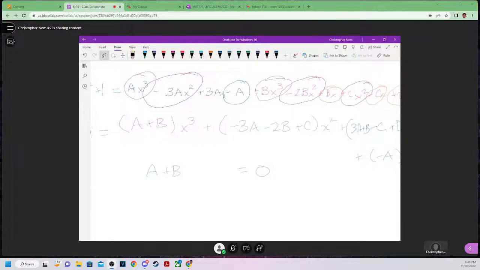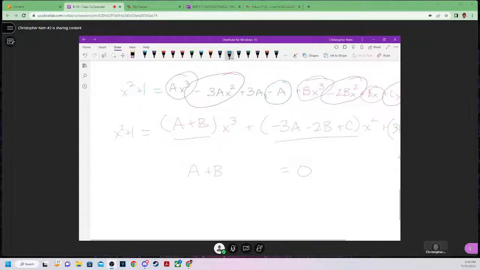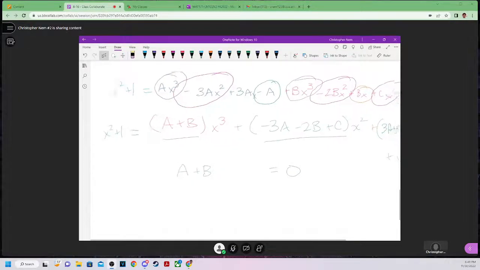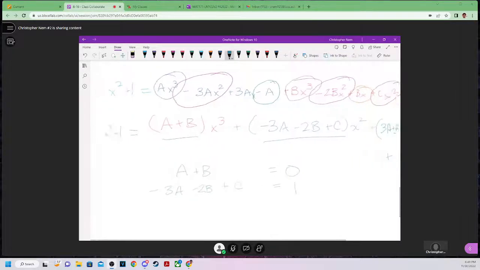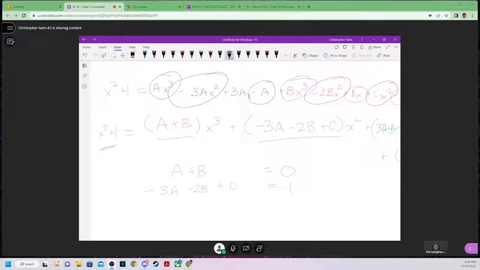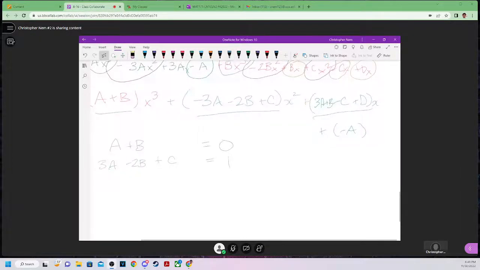The second equation, right here, do I have an x squared term? Yes, I do. What's the coefficient? The coefficient is 1. If you don't see it, it's a coefficient of 1. So that means I have negative 3a minus 2b plus c is equal to 1. Now, do I have an x term over here? No, I do not. So that means this has to be equal to 0.